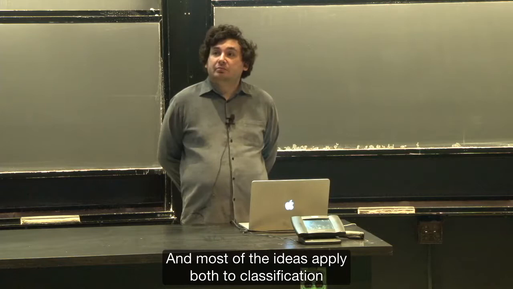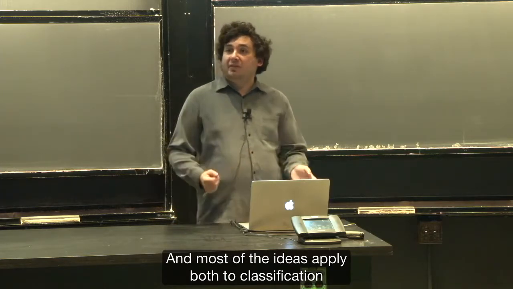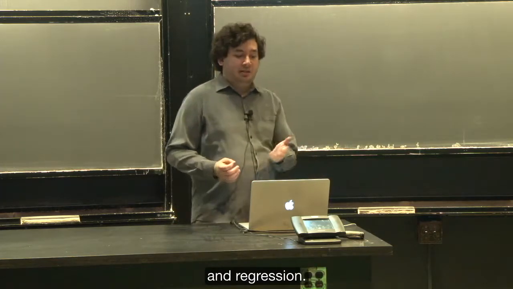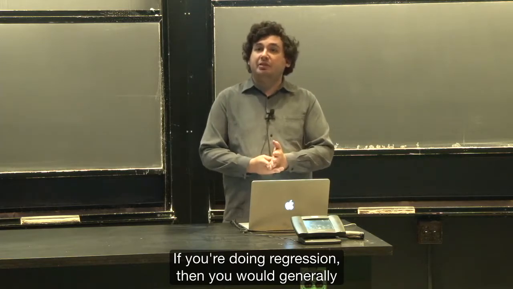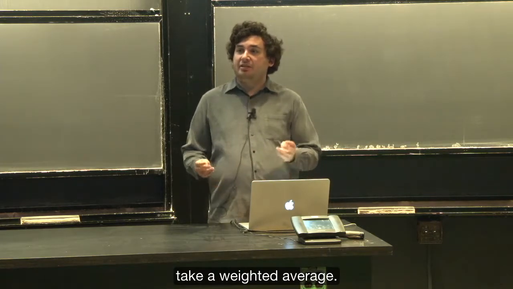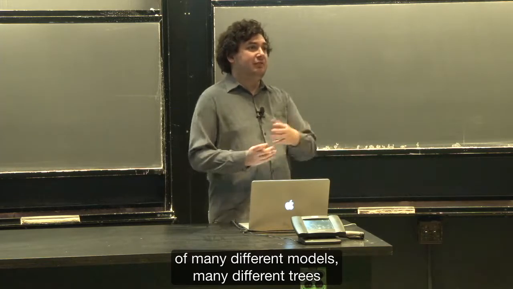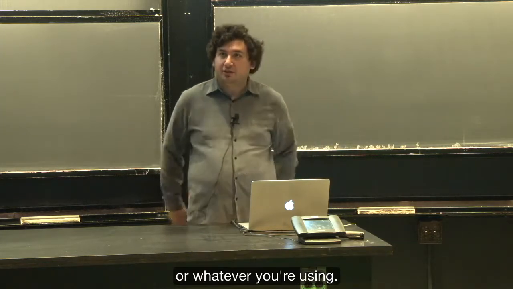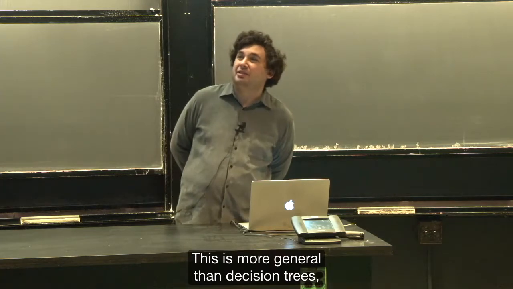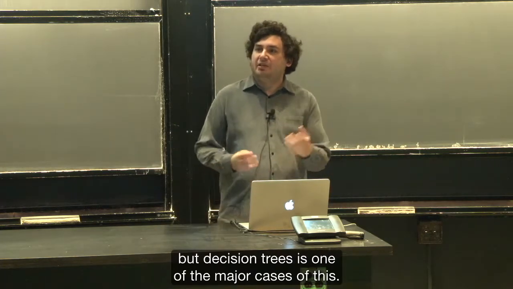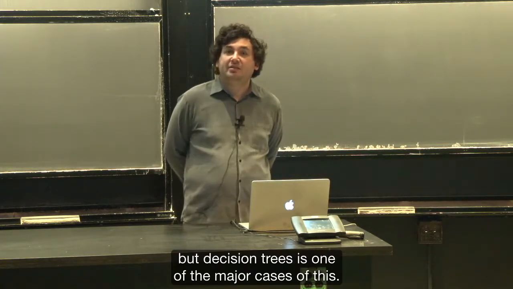And most of the ideas apply both to classification and regression. If you're doing regression, then you would generally take a weighted average. So you come up with this ensemble of many different models, many different trees or whatever you're using. This is more general than decision trees, but decision trees is one of the major cases of this, okay?